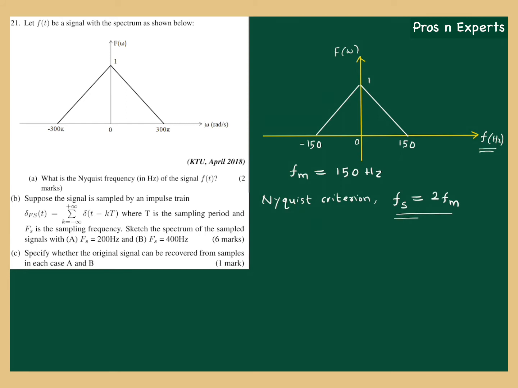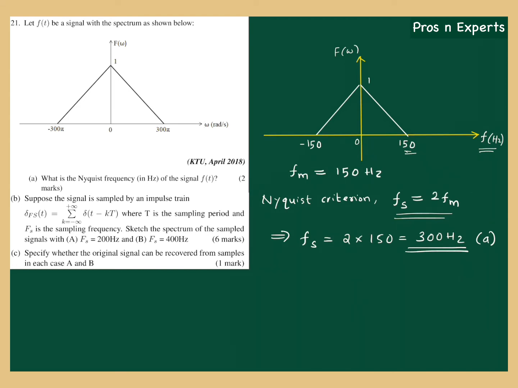So fs should be equal to 2fm, that implies fs is equal to 2 into the maximum frequency, which is 150 hertz. So 2 into 150 equals 300 hertz. So the Nyquist frequency is 300 hertz, and that is the answer to question A.